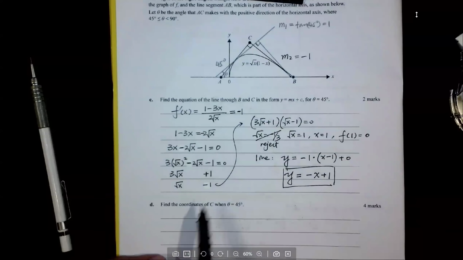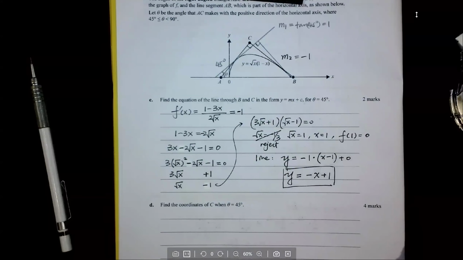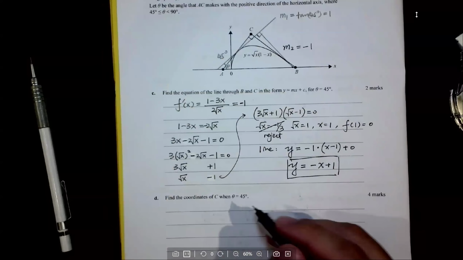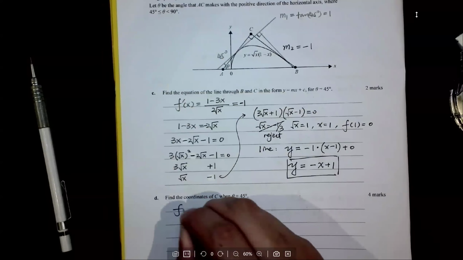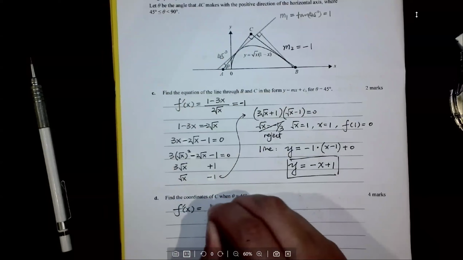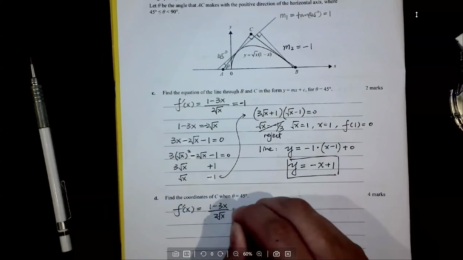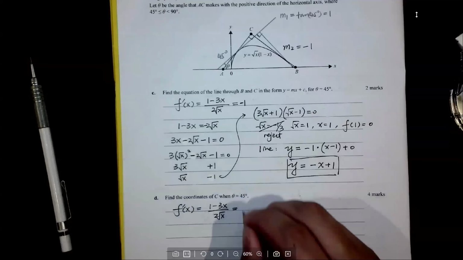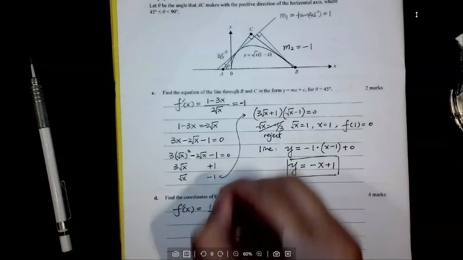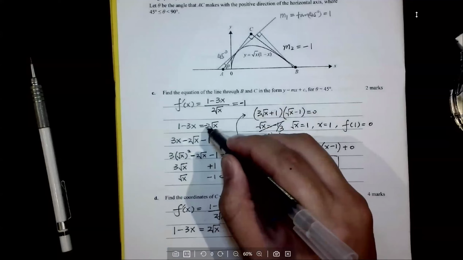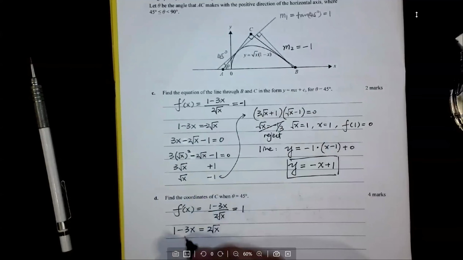And if I want to find the coordinate of C where theta equals to 45 degrees, well, this is what I'm going to do. So f dash of x is (1 minus 3x) divided by 2 root x equals to 1. In a similar fashion, I just noticed the procedure is very alike, but the only thing is now we have a positive 2 root x.